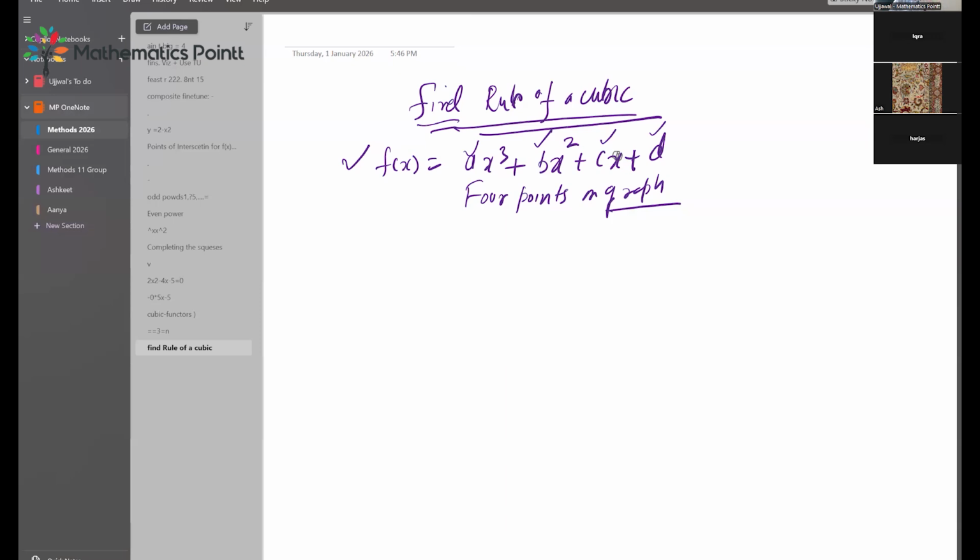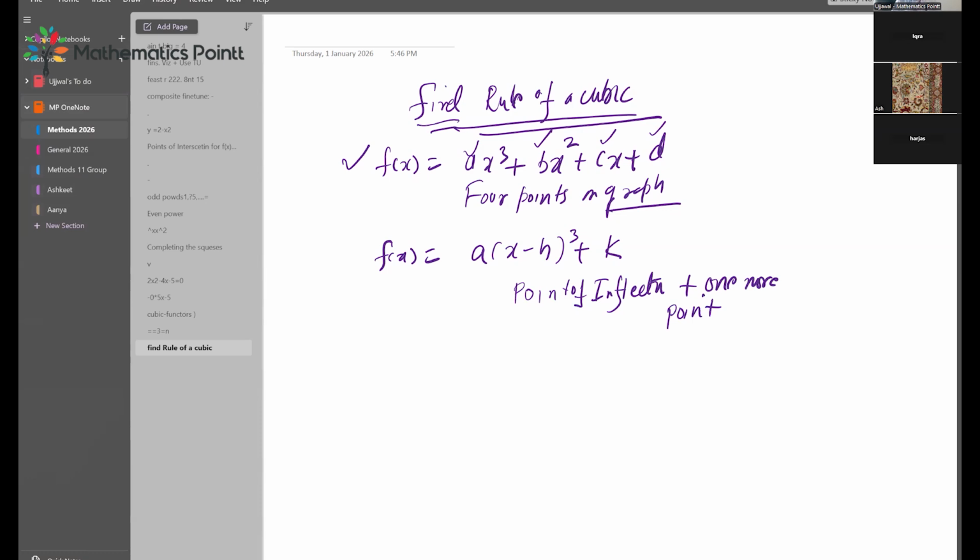Now, the next one. The next form is f of x equals a(x minus h) cubed plus k. When can I use the turning point or stationary point form? Whenever I am given the point of inflection plus one more point.